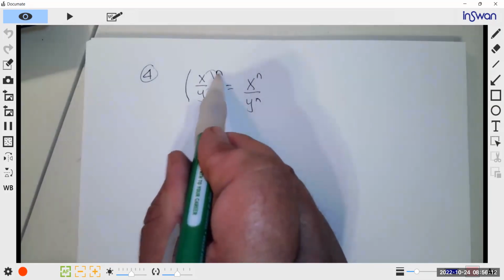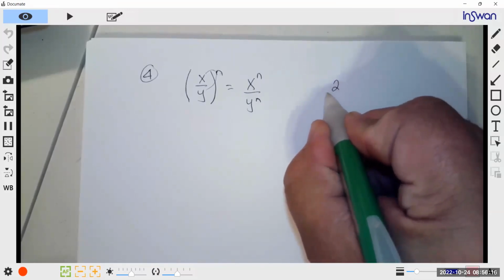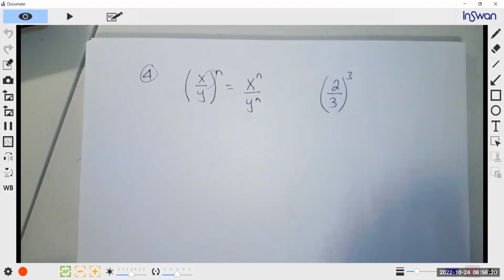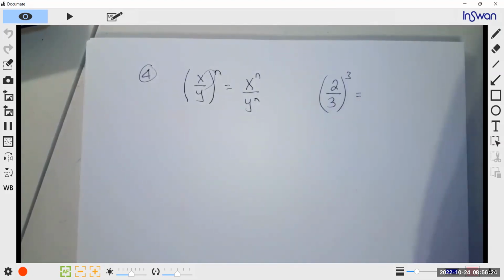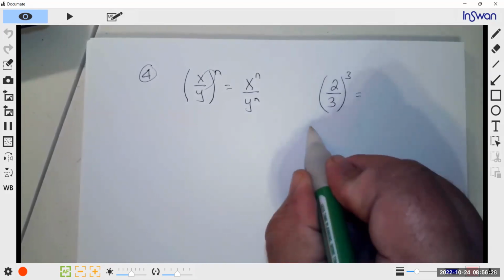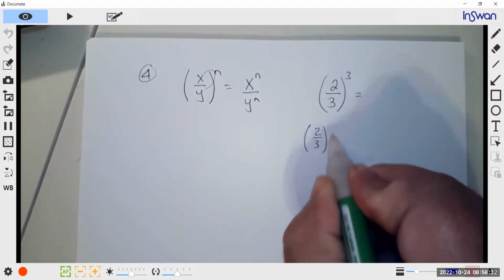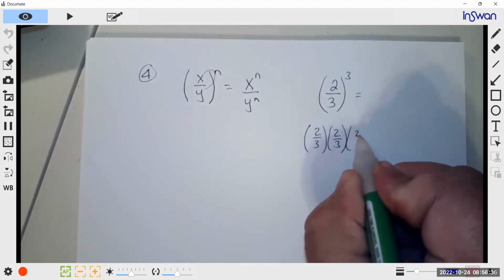So I distribute that n to both top and bottom. So 2/3, third power. This is the same thing as 2/3 times 2/3 times 2/3.